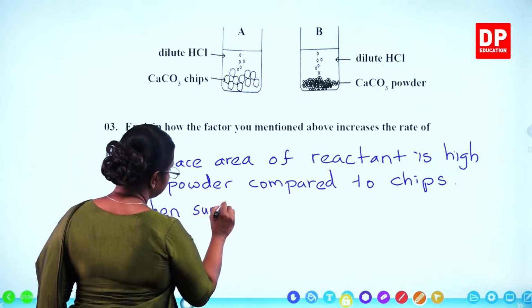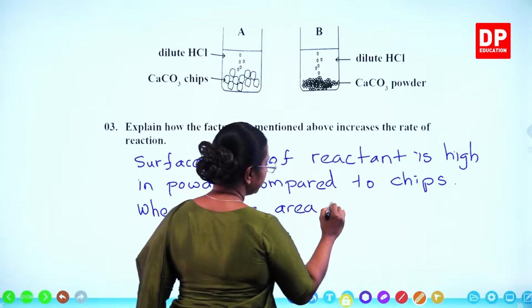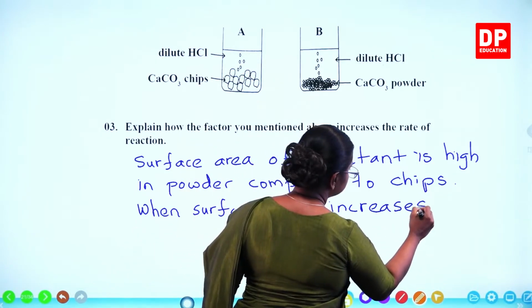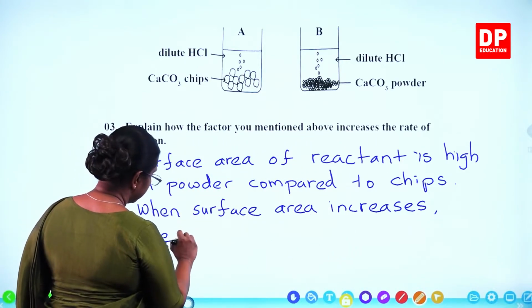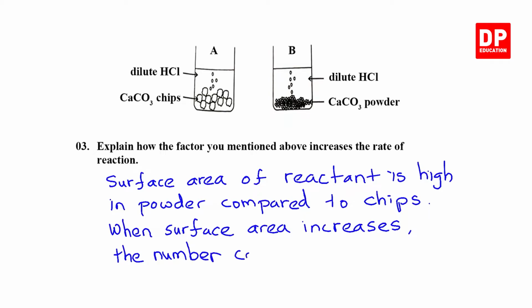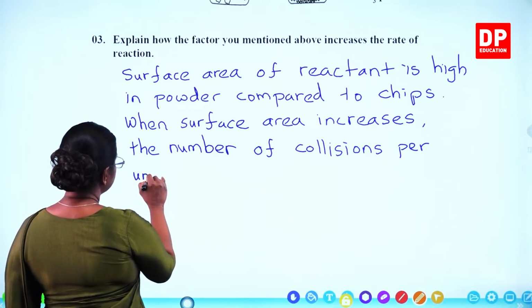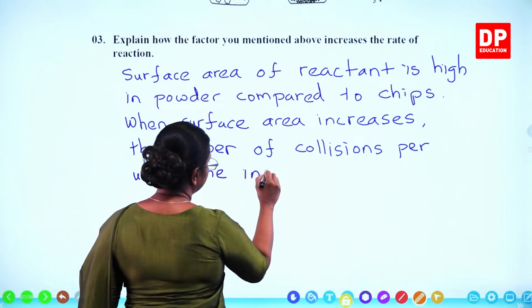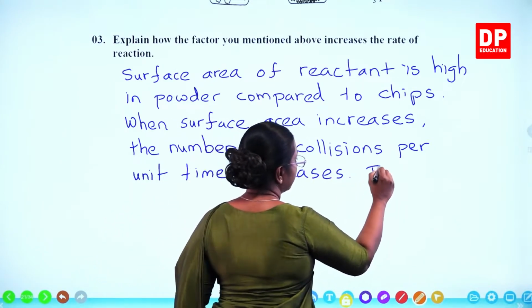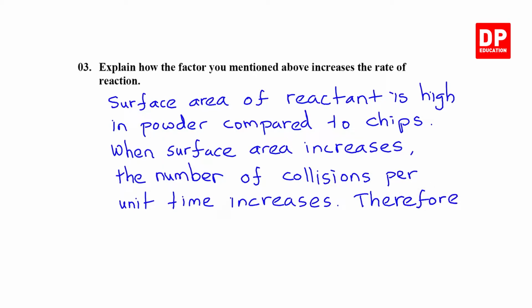When surface area increases, the number of collisions per unit time increases. Therefore, the rate of reaction increases.